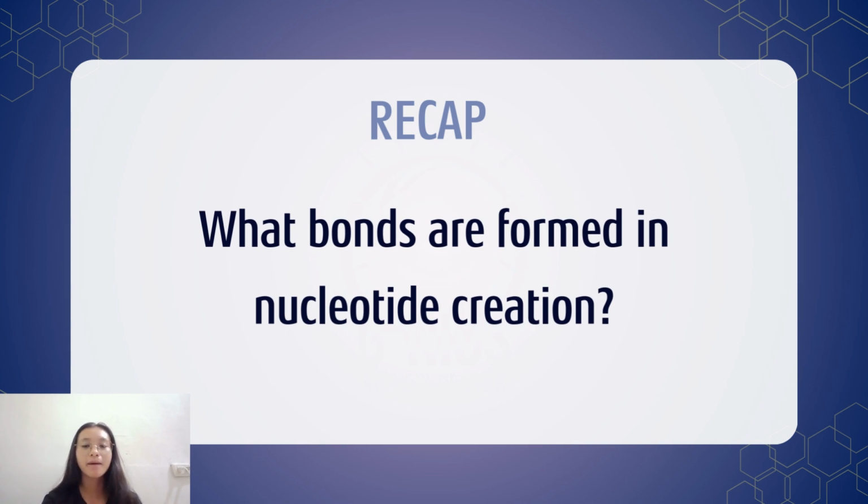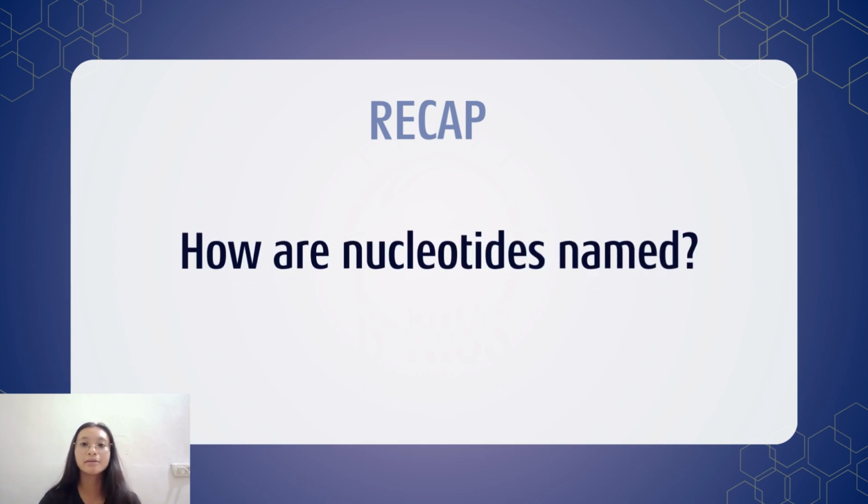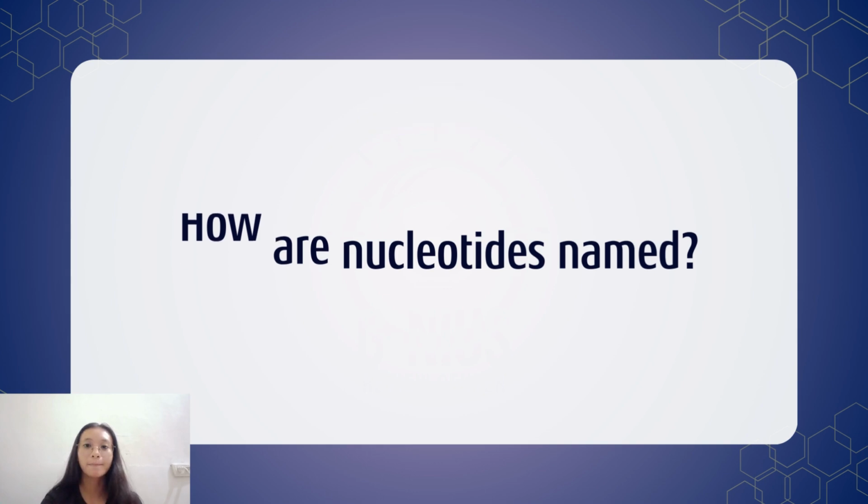These are your beta glycosidic bond, which connects the base to the sugar, and your phosphoester bond, which connects the phosphate to the sugar. Now for your next question, and last one, how do you name a nucleotide? You use the nucleoside name, add mono, di, or triphosphate, and add deoxy if it contains a deoxyribose.